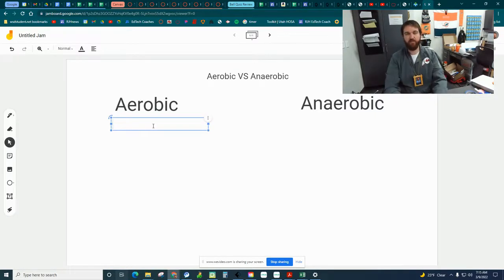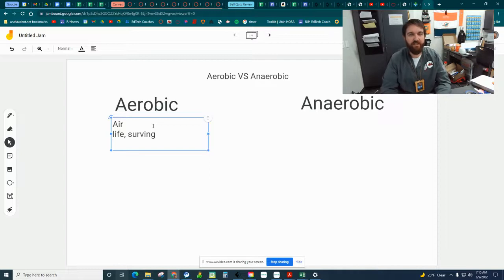If we break down these words, and I teach health science, so I like to look at the words and find out what that means. So aero means air, and bio means life or surviving, and then the C just makes it an adjective.